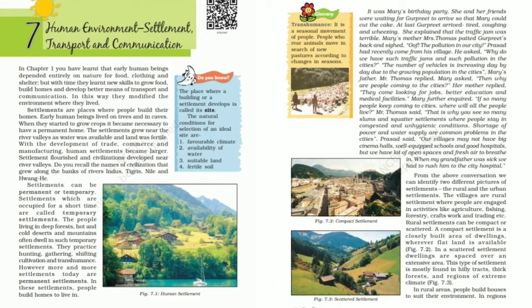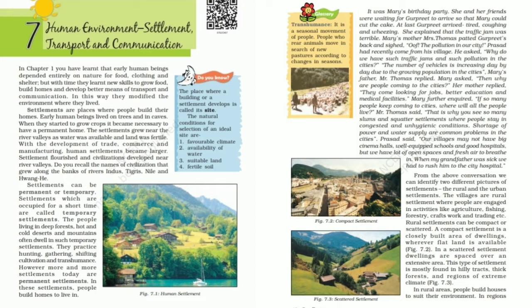In Chapter 1, you have learned that early human beings depended entirely on nature for food, clothing, and shelter. But with time, they learned new skills to grow food, build homes, and develop better means of transport and communication. In this way, they modified the environment where they lived.